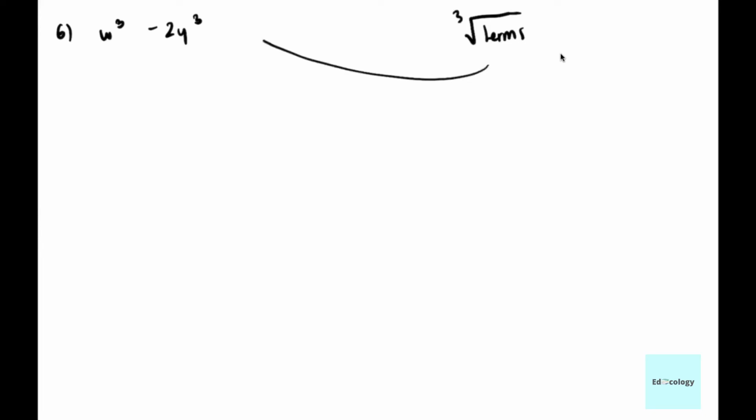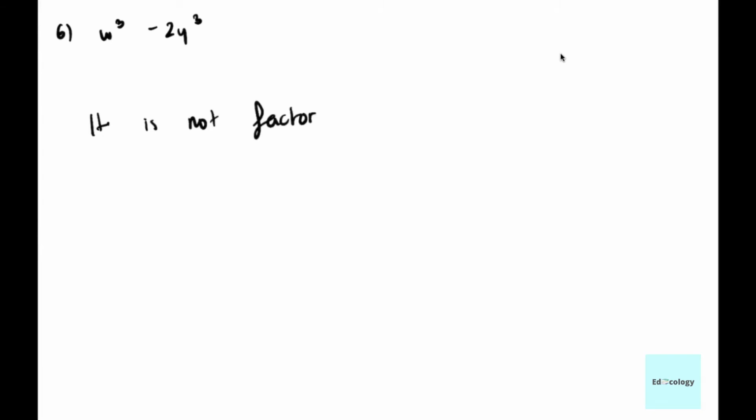In this case, we find out that we cannot find the cubic root of the terms. That means that it is not factorable. It is not factorable, and we call these expressions or polynomials prime.